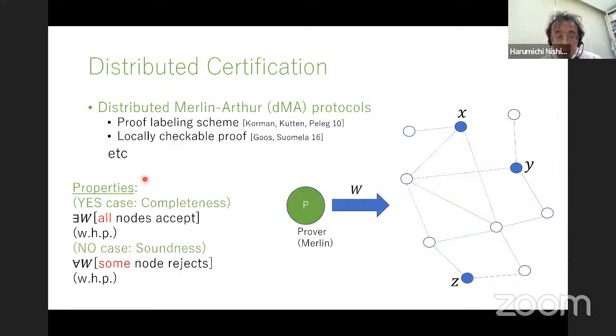The property is similar to NP. If the problem is a yes instance, then all node verifiers accept, with high probability if we consider the probabilistic case. On the other hand, in a no case, some node rejects, and this node alerts that it's illegal. This part is different from the usual NP protocol, specific to the distributed case.